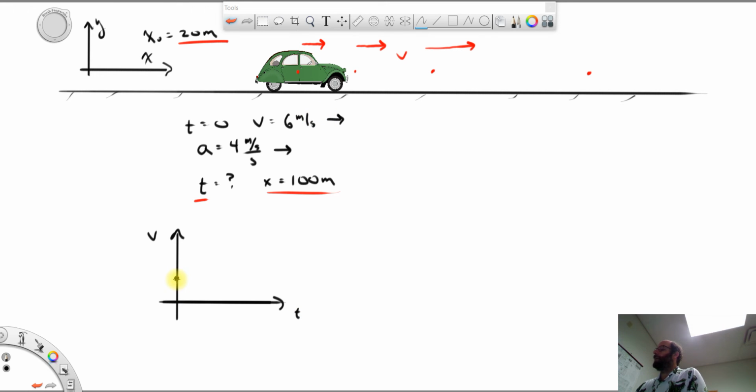I'm just going to put that point here. Where you put this up and down doesn't really matter. Just understand that now I've set a scale. Since I put 6 there, 3 would be roughly here, 12 would be roughly here, and so forth. The velocity is increasing with time. So a second later, I would expect to be going 10 meters per second, and then a second after that, a little faster.